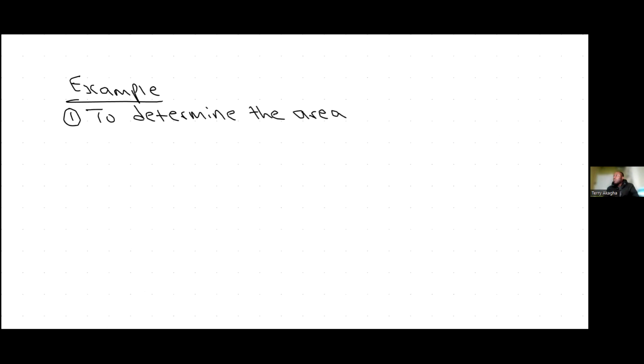We have this example. So let's say we're asked to determine the area bounded by the curve y is equal to 4x squared plus 7x plus 9, all right?